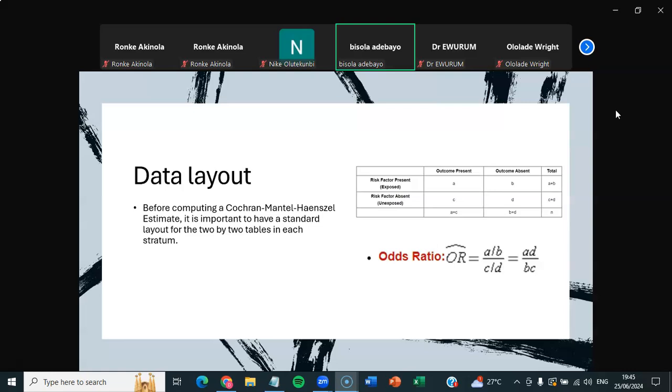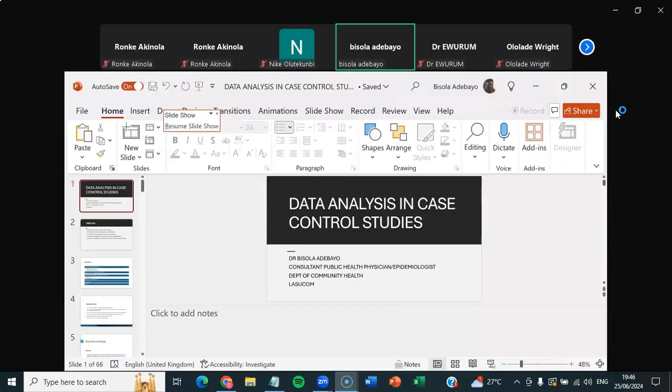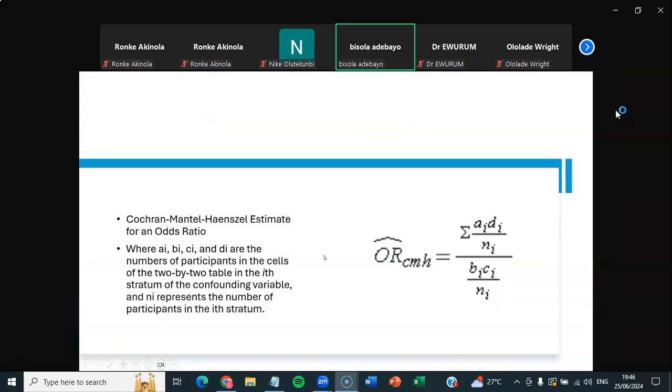So the first thing is to do the standard layout of our exposure and the outcome. So this is how it looks.